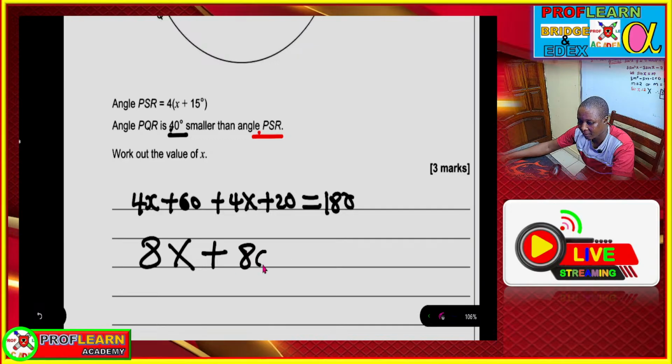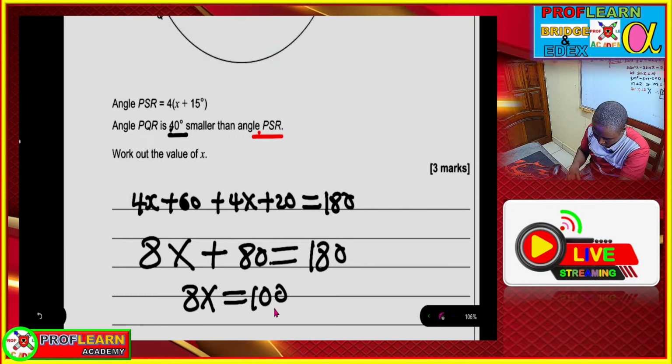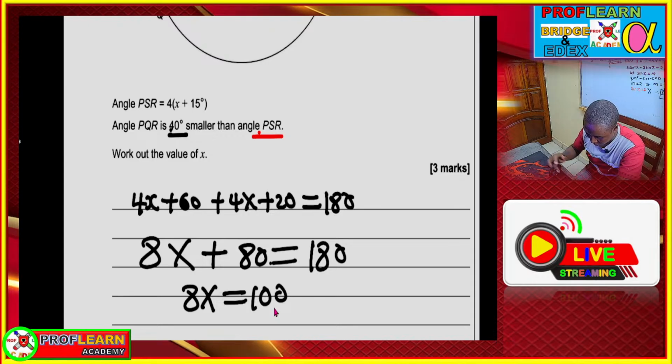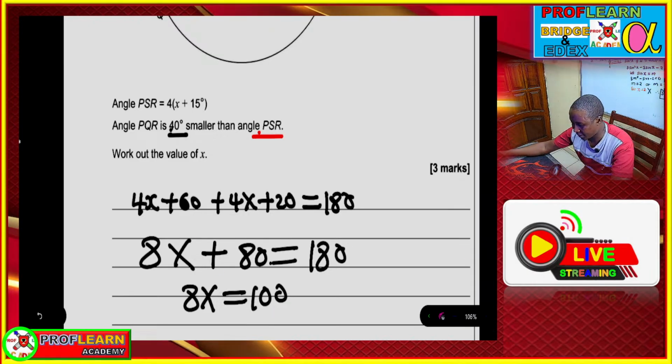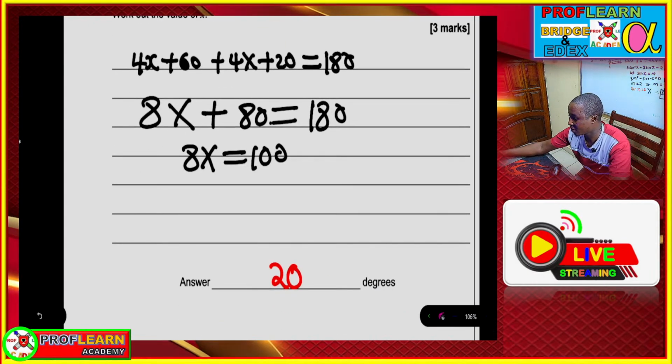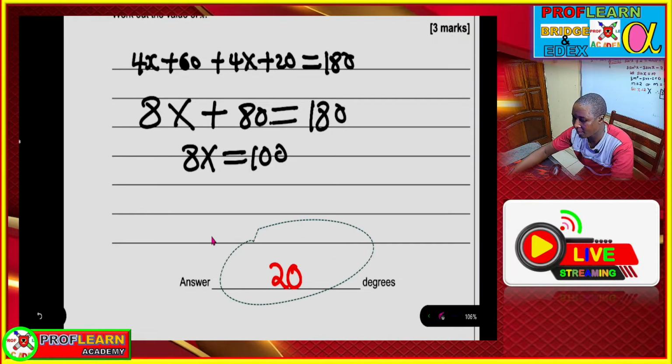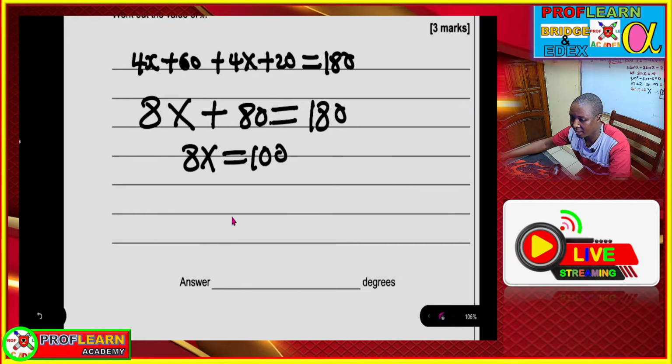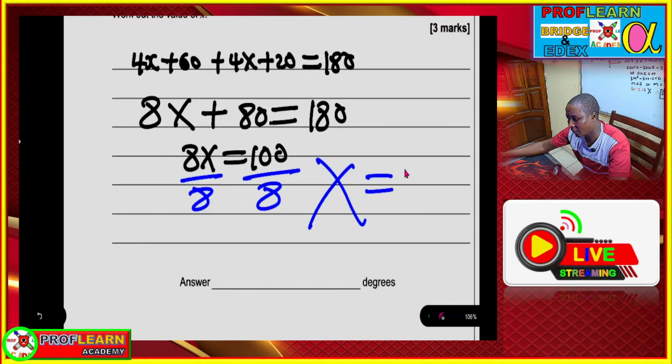So 8x is equals to 100. So if you take 100 divide by 8, that's going to translate to 12.5. Yes. So those guys who will come to watch this live, they will get that our x is going to be 12.5.